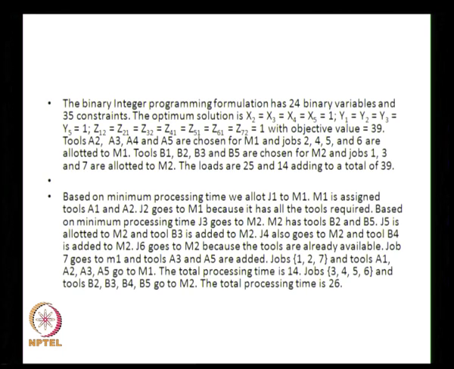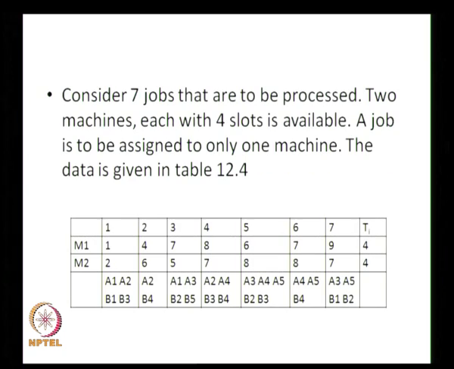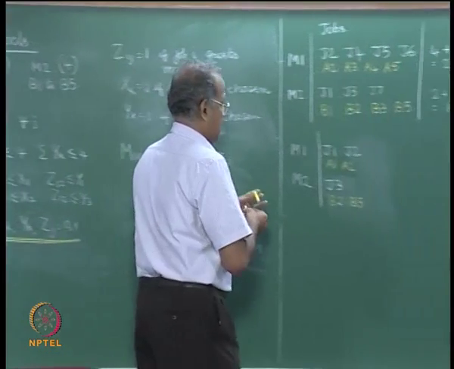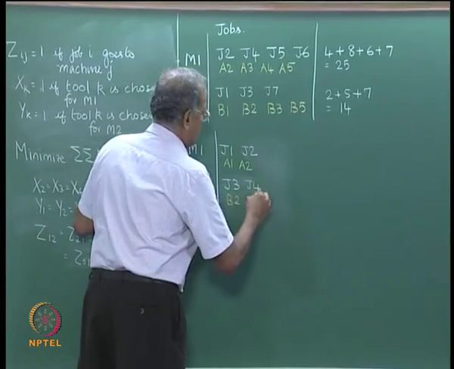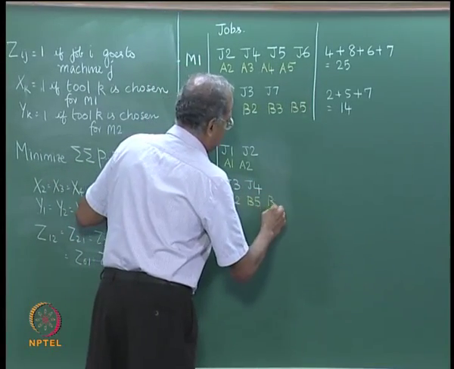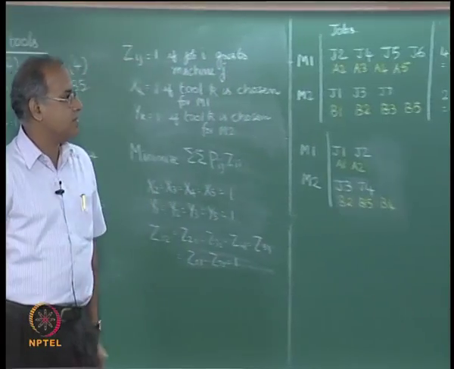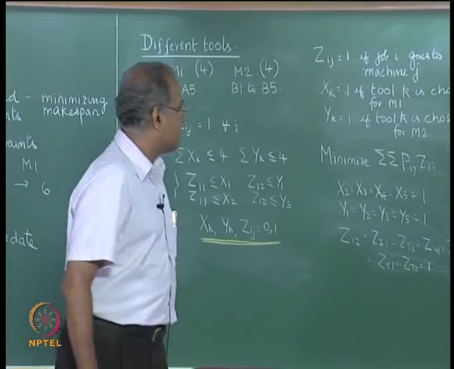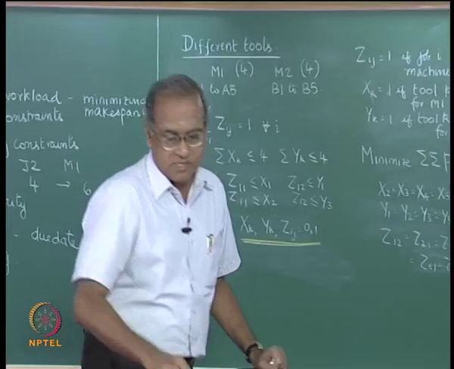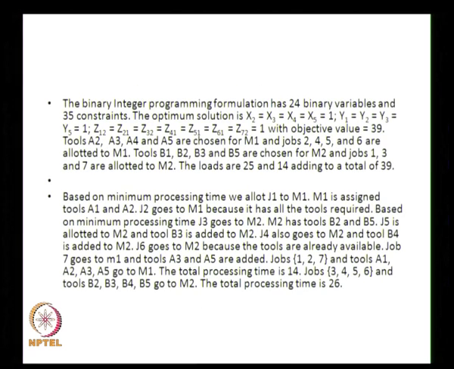goes to M2 and B4 is added. So, J4 goes to M2, tool B4 is added because it requires it. The heuristic says J5 is allotted to M2 and B3 is also allotted to M2.